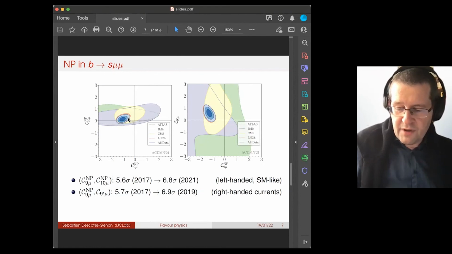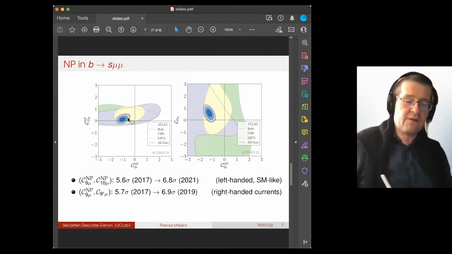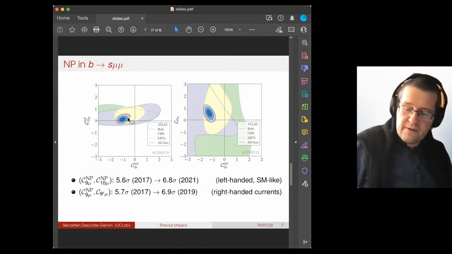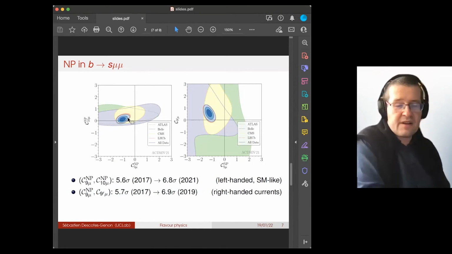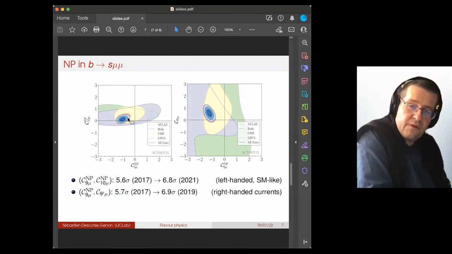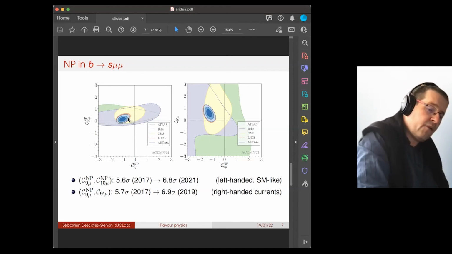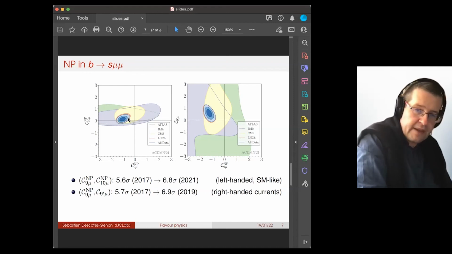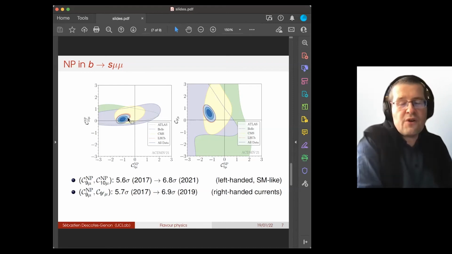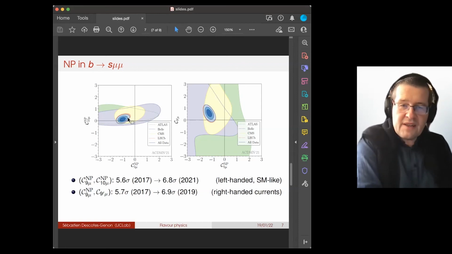But you have also new physics, so shifts in the Wilson coefficients for both C9 and C10, the Wilson coefficients that you do have in the standard model, shrinking everything to a point, but with different couplings to the leptons, vector and axial. And you see that you're compatible both with a situation where you've got only C9, but also the situation where C9 equal minus C10 is possible and interesting.